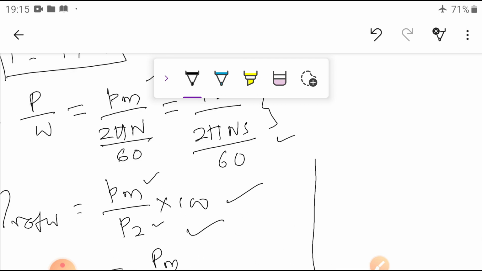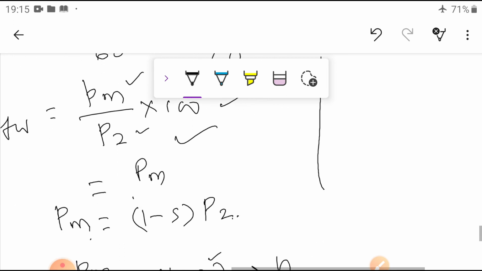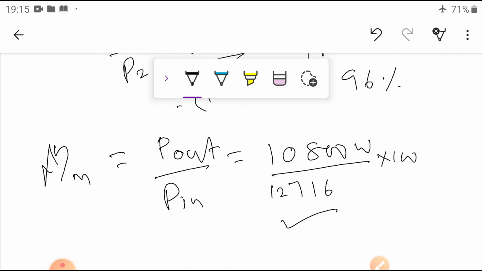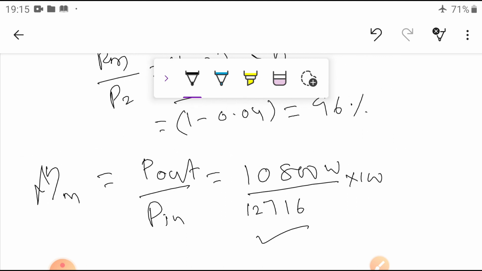The stator input, nearly 12716 watts. Then multiply by 100 for percentage, and we get the efficiency. Okay, so these are some simple manipulations of the problems.